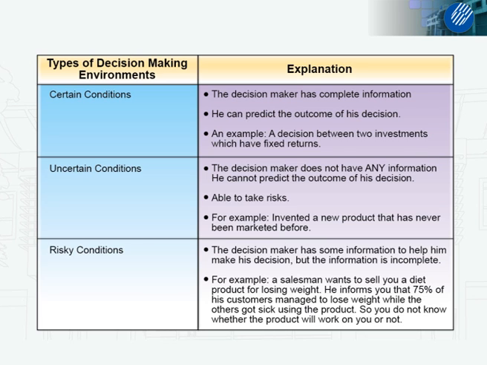However, he also said that some people have gotten sick using the product. So you can assume that if you bought the product, there is a 75% chance that you could lose weight. However, you do not know whether the product will work on you or would affect your health negatively. Is this not a bit risky?